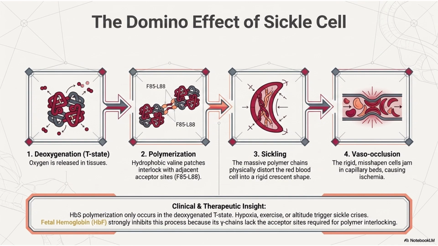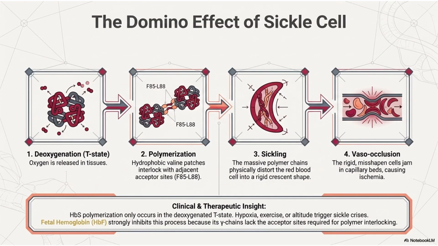So by increasing HbF levels, physicians can reduce sickling, decrease painful crises, and improve the quality of life for the patient. In other words, one of our best modern therapies works by encouraging the body to temporarily revisit an earlier stage of human development. Not every hemoglobin mutation causes sickling.